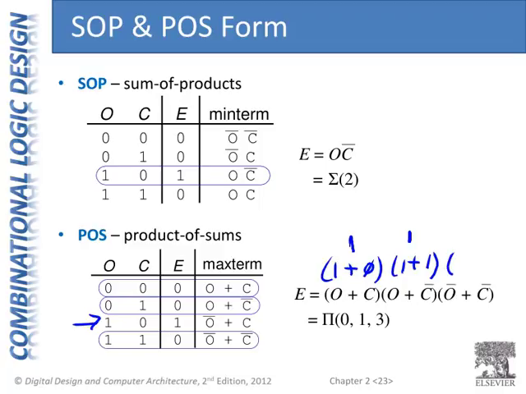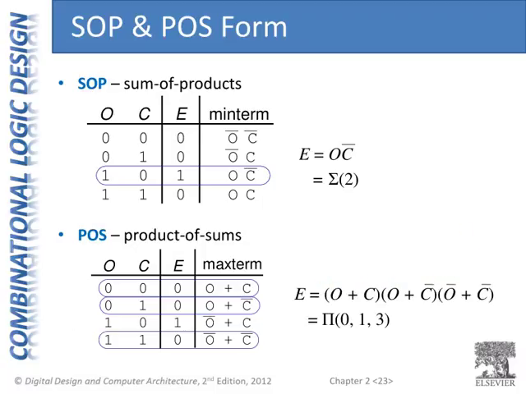And here we're going to get 1 bar, which is 0, or 0 bar, which is 1. We're going to get 1. In this case, there's no term. This max term isn't included in the equation, and so there's no term to force it to 0, and that output evaluates to 1, as expected.